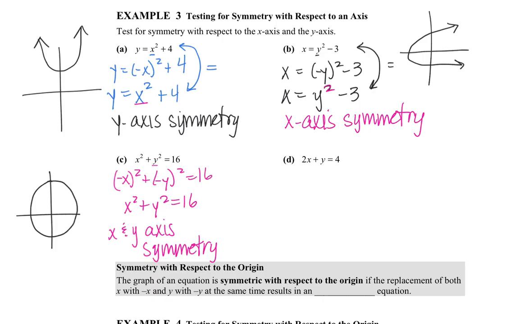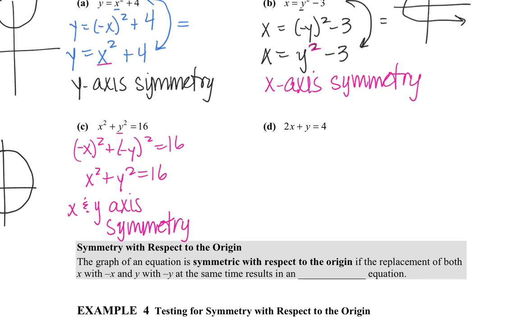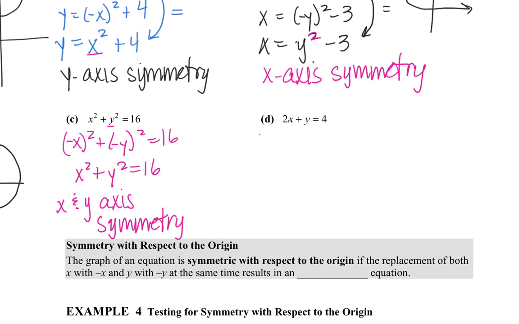So now let's look at this one. Let's plug in a negative x. If I did negative x plus y equals 4, that gives me negative 2x plus y equals 4, not equal. So there is no y-axis symmetry. So try it with the y.